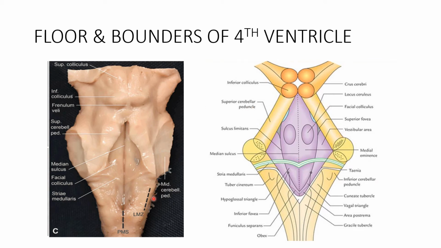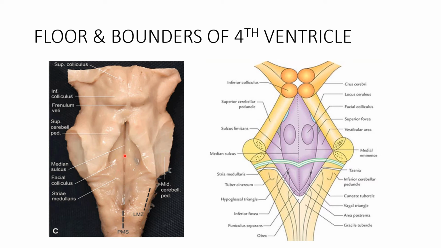Now the infralateral boundary is formed by the inferior cerebellar peduncle on each side, and inferiorly it is supplemented by the gracile and cuneate tubercles over here. So these are the boundaries of the fourth ventricle. Now the floor is diamond shaped, also called the rhomboid fossa.